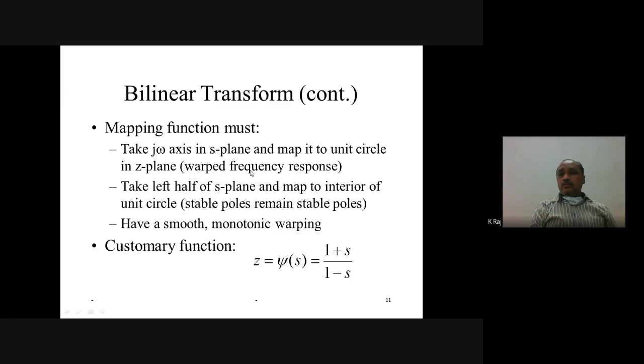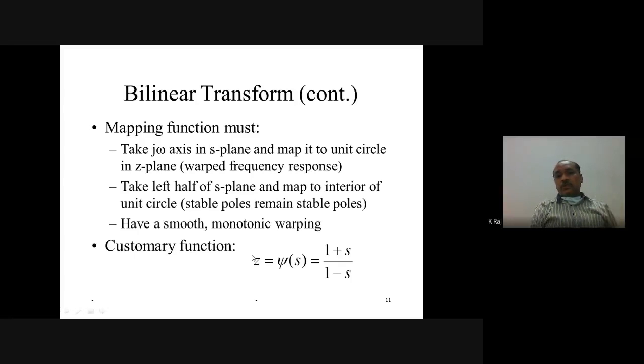That is the warped frequency response. And the second one is the stability region. That is, take the left half of the S plane and map it to the interior of the unit circle, so the stable poles remain stable poles, and have a smooth and monotonic warping. Here the warping may be a non-linear relation, so we have to consider the smooth monotonic warping here.